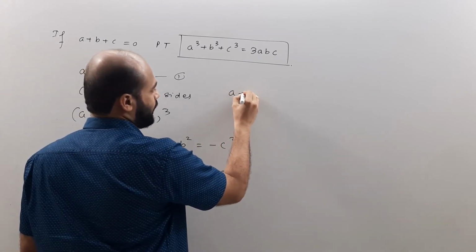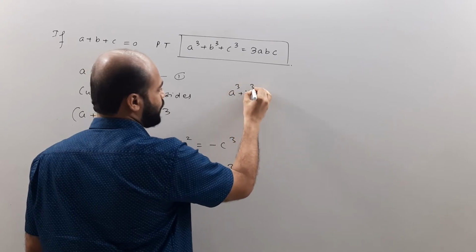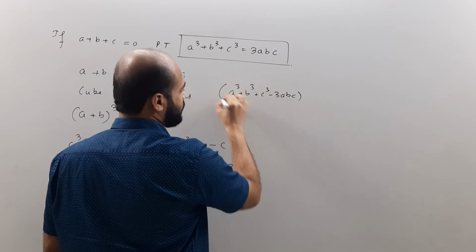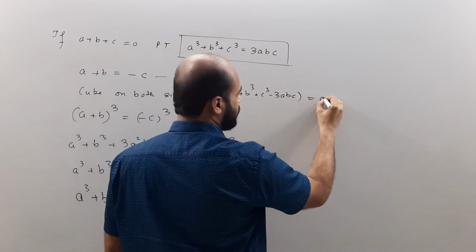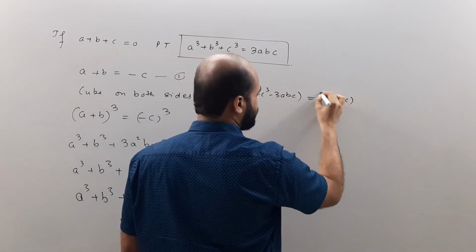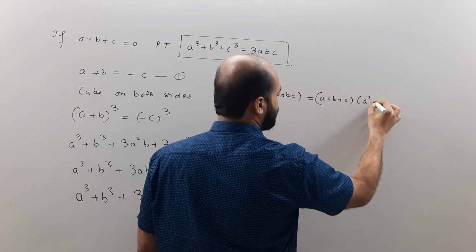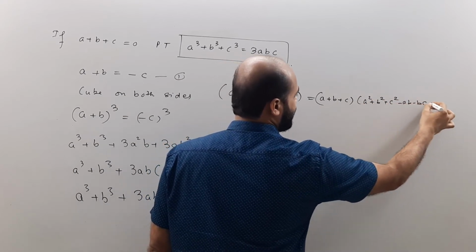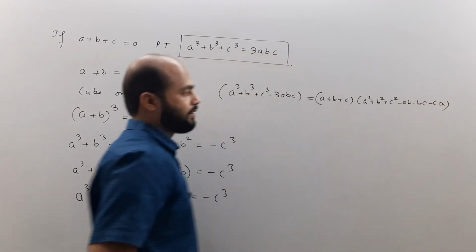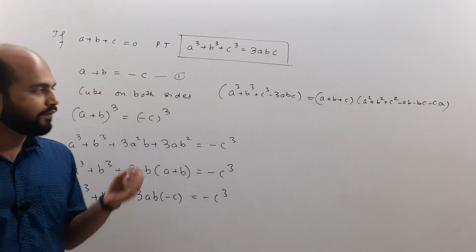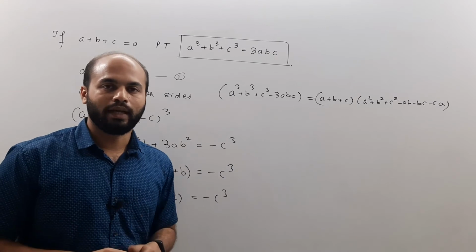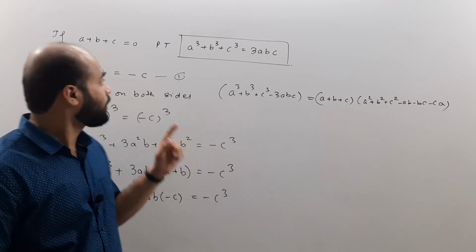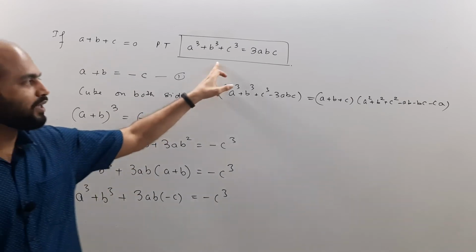That is a cube plus b cube plus c cube minus 3abc. This is equal to a plus b plus c into a square plus b square plus c square minus ab minus bc minus ca. So this is something that we have learnt at the initial phase of this lecture. And here also you can see that if I put this condition, the same result will come.